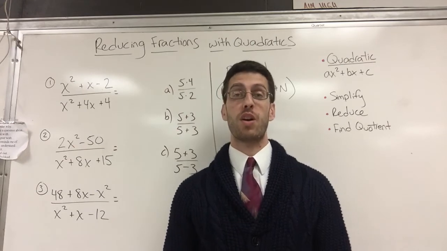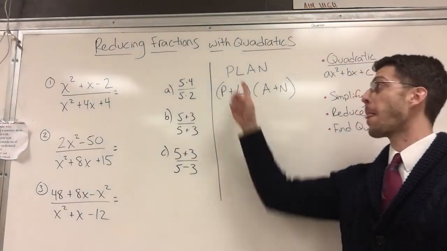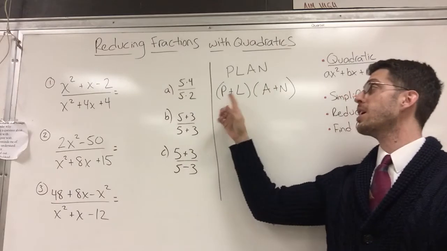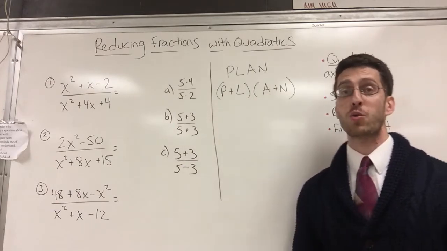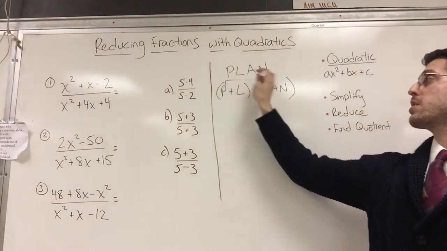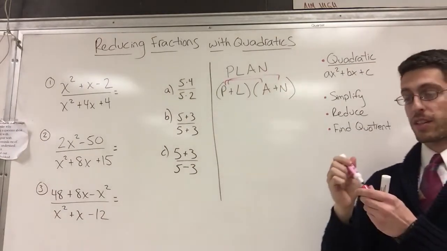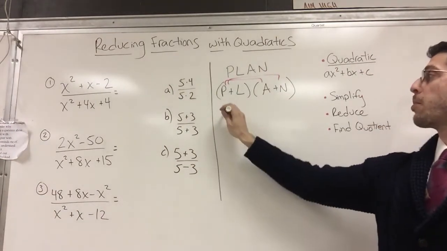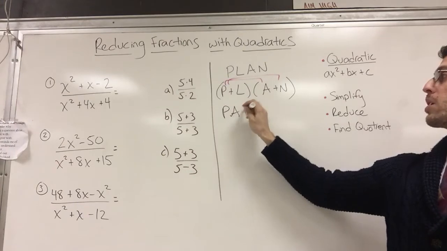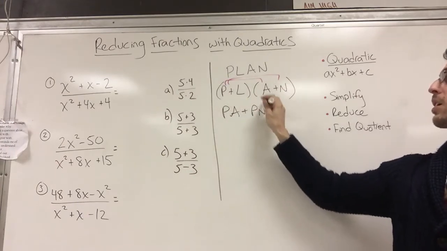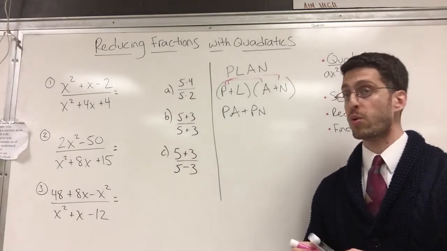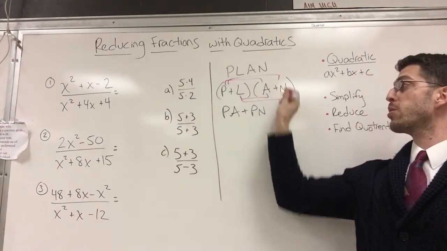My joke is about a plan. I'm going to start with a plan, all right? So I got P, L, A, and N. Now watch what I do. I'm going to do this, and then I'm going to do this. And that's going to give me PA plus PN. And then I'm going to do this, and then I'm going to do this.